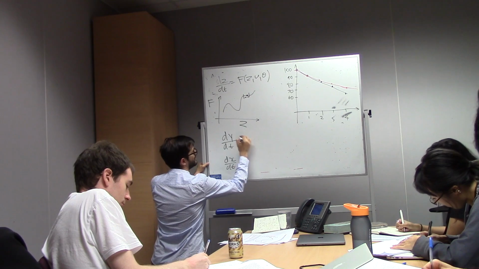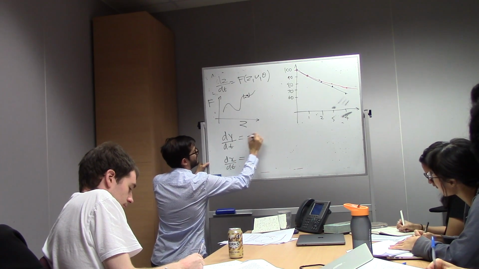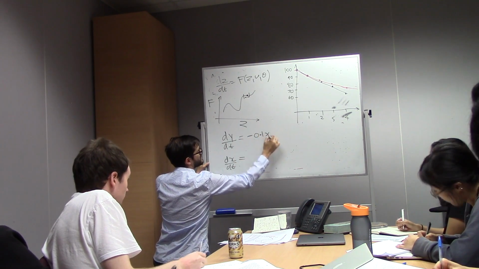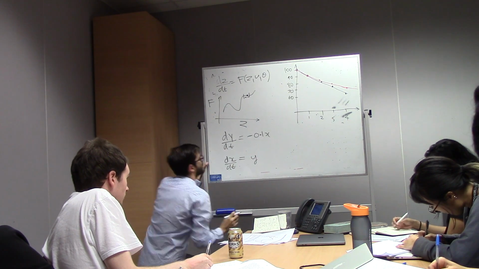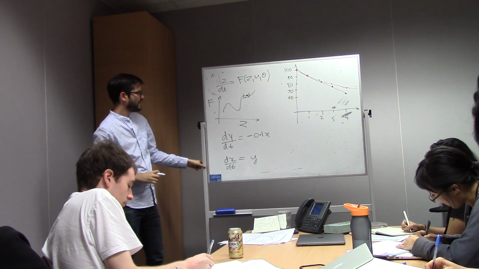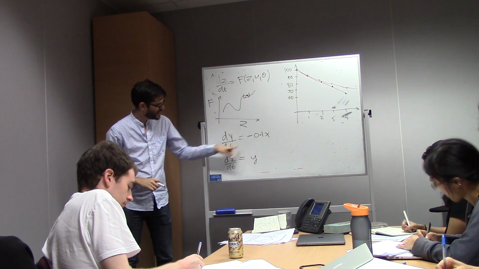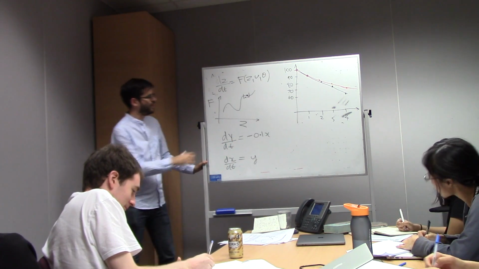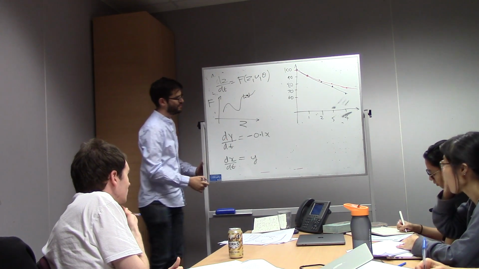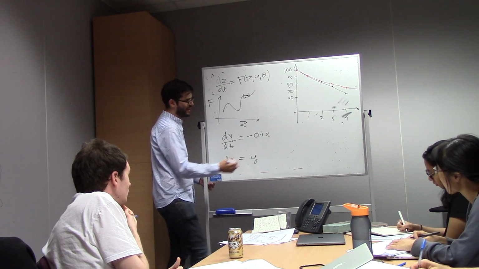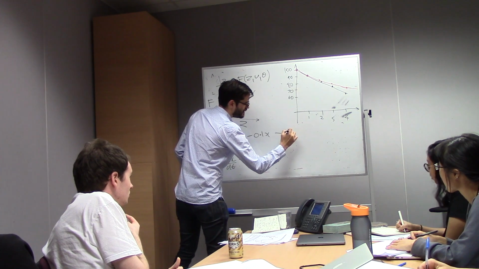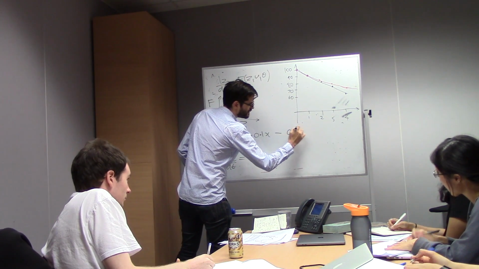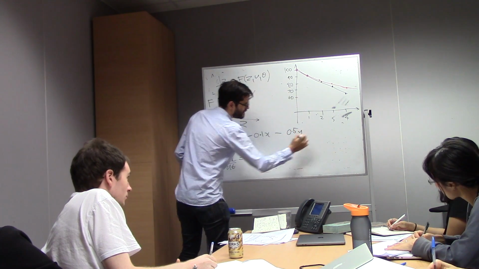I had minus 0.1 times x times y, because the mosquito is eaten by frogs. Now I'm going to include some state-dependent activity. I'm going to say the frogs are dying anyway at a rate of 0.5 times y.